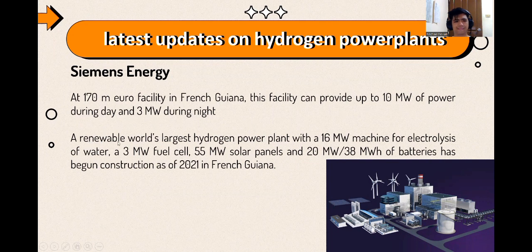A renewable world's largest hydrogen power plant with a 16 megawatt machine for electrolysis of water, 3 megawatt fuel cell, 55 megawatt solar panels. That's huge. 55 and 20 megawatt to 38 megawatt-hour of batteries has begun construction as of 2021 in French Guiana.